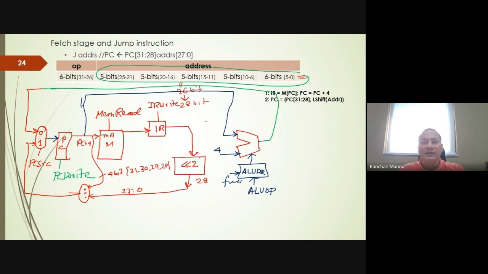If you remember the single cycle one, now we have to combine each instruction's data path, right? And what is the step? So we have to combine the data paths for each instruction.